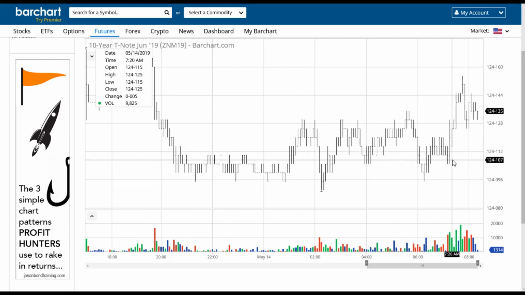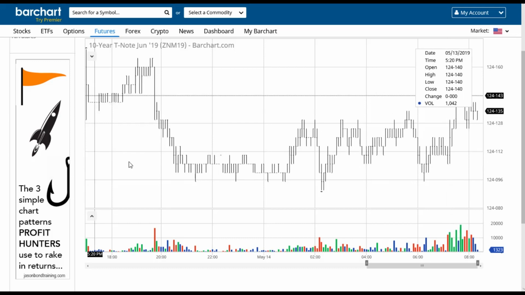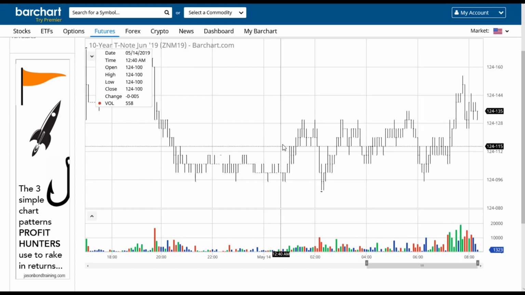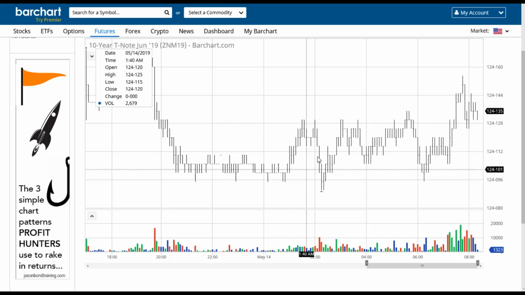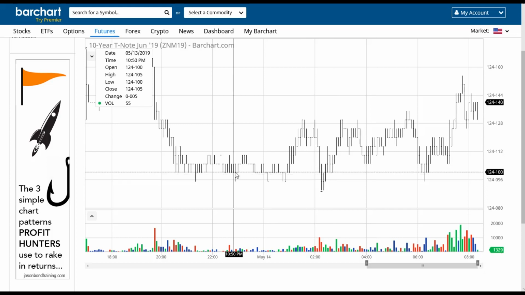And then at pit open, it kind of bid back up into that little tail, and then we're kind of dropping back down into this range right now. So pretty much sideways, small range, typical range. What we've seen lately is abnormal in my experience. So this is more of a typical overnight range, kind of small, sideways action.